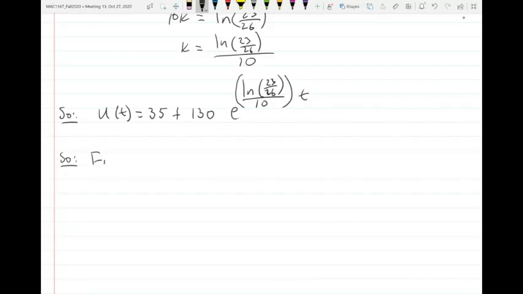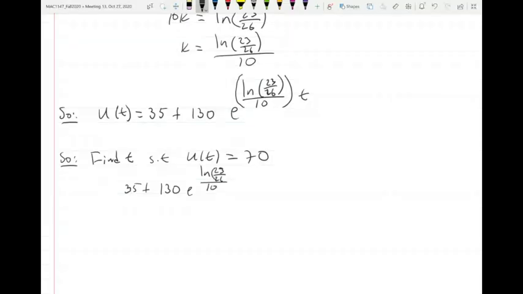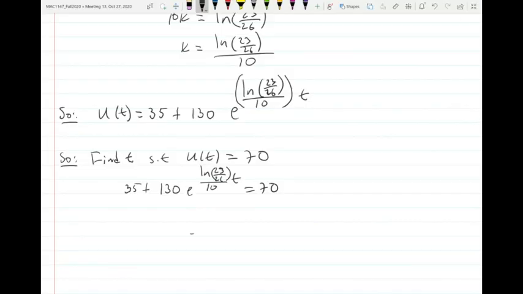So what do we want now? We want to find t so that u of t equals 70. So let's solve the equation. So we have 35 plus 130 e to the ln 23 over 26 over 10t equals 70.